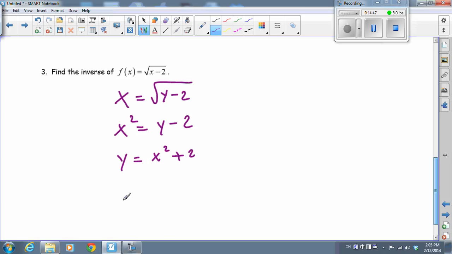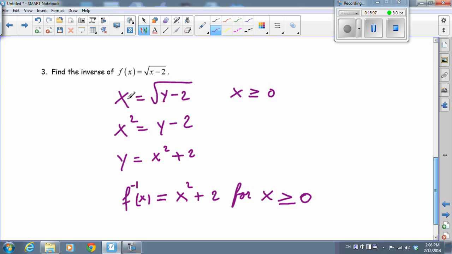Well, our inverse function of x is x squared plus 2. But there's a little condition: all the x's must be greater than or equal to 0, because at this point I can say x is greater than or equal to 0 based on this.